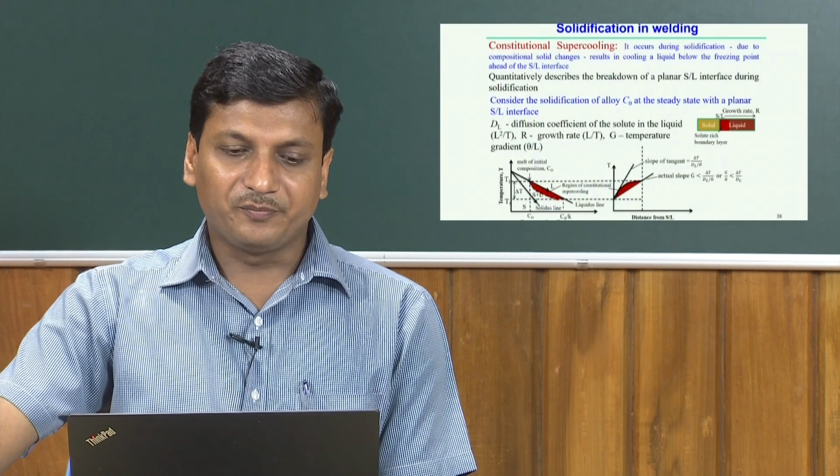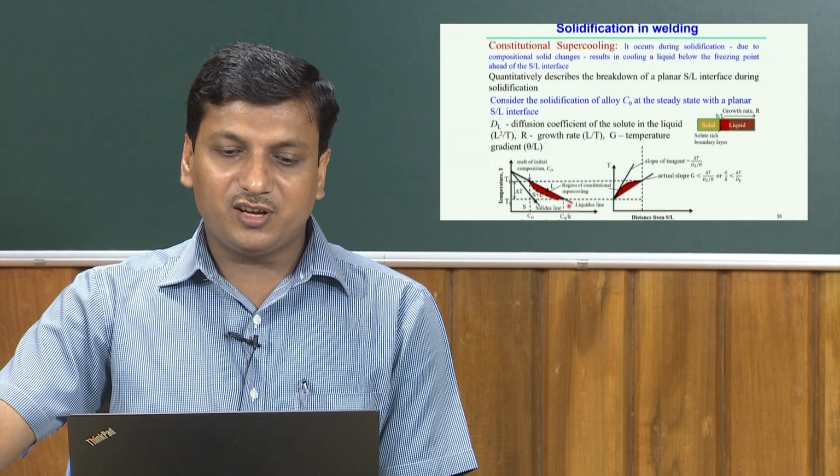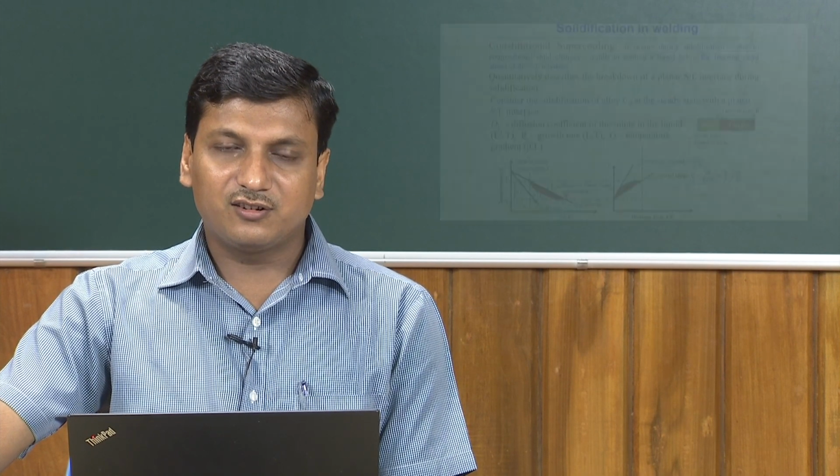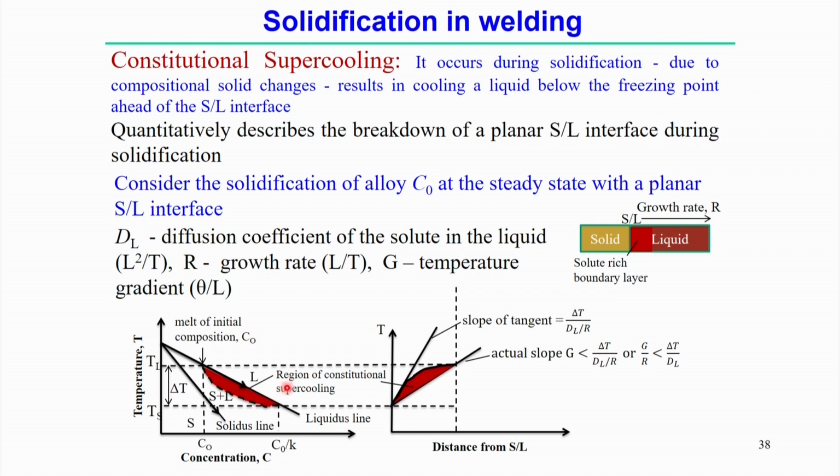And if we see on the liquidus line the composition or concentration of the alloy, here you can see C0 by K, where K is equal to the ratio of CS and C0.